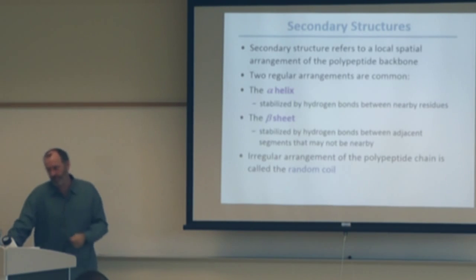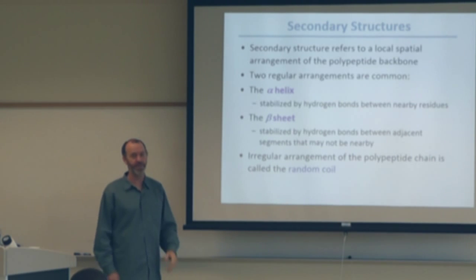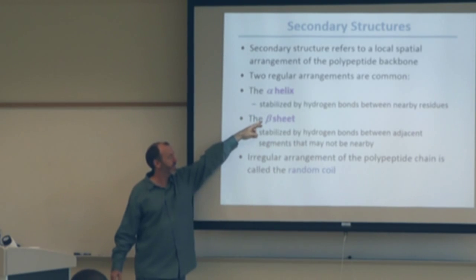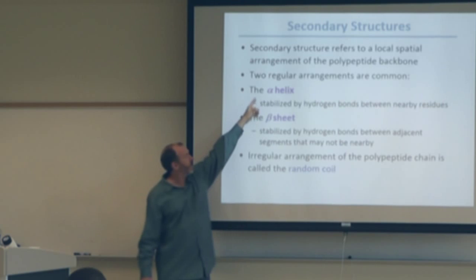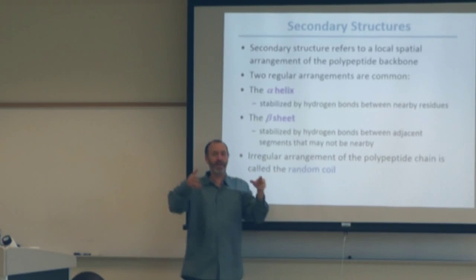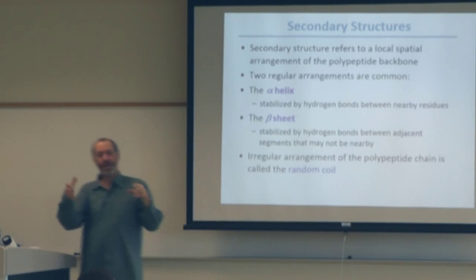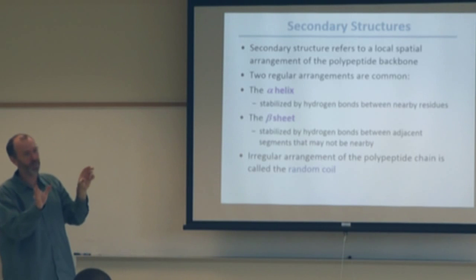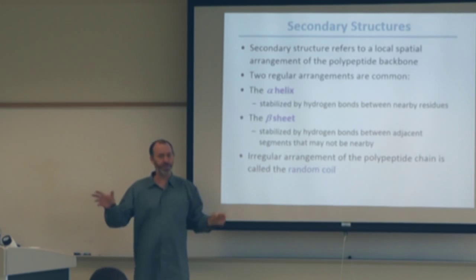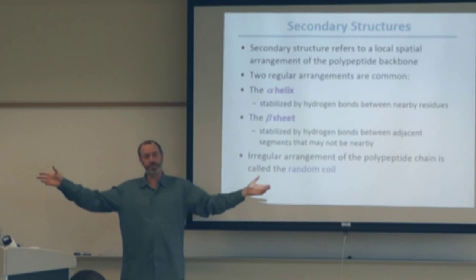Secondary structure refers to the local spatial arrangement of the polypeptide backbone, and this is going to include your alpha helices and beta sheet structures. You have to remember the alpha helix is stabilized by hydrogen bonds between nearby residues. And these are hydrogen bonds of the peptide backbone themselves. A lot of people confuse this, because you can have interactions between the R groups, and some of those R groups can be hydrogen bond donors or acceptors.